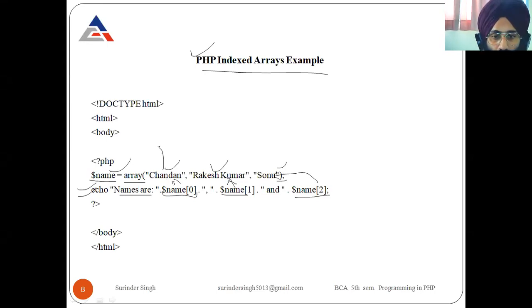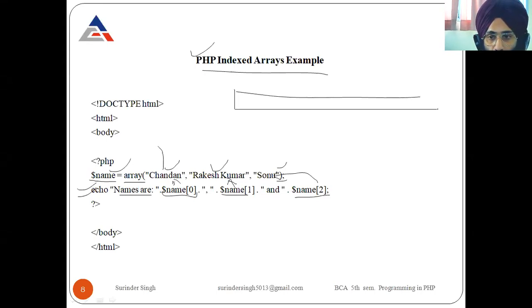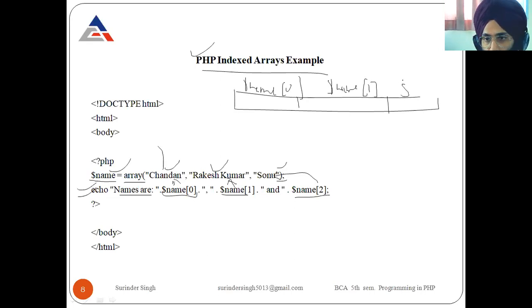Here this value is automatically assigned to name array 0, name 1, name 2.